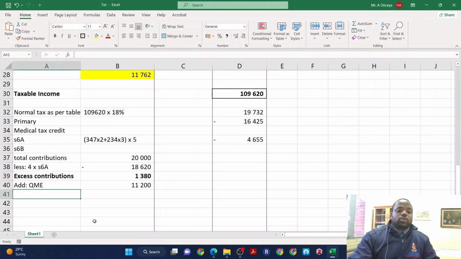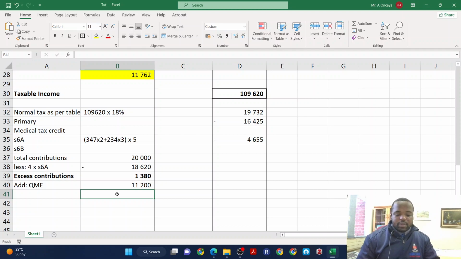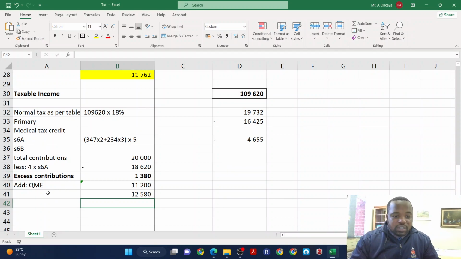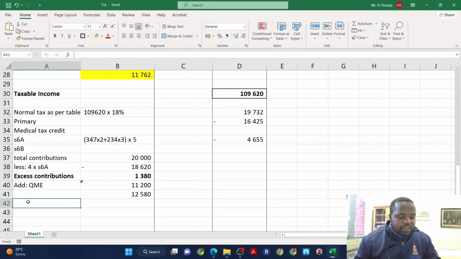And then you may do for yourself, I guess, a mini total if you feel like it, of these two. That's 12,580 rands. Then you say for this one, less 7.5% of taxable income.